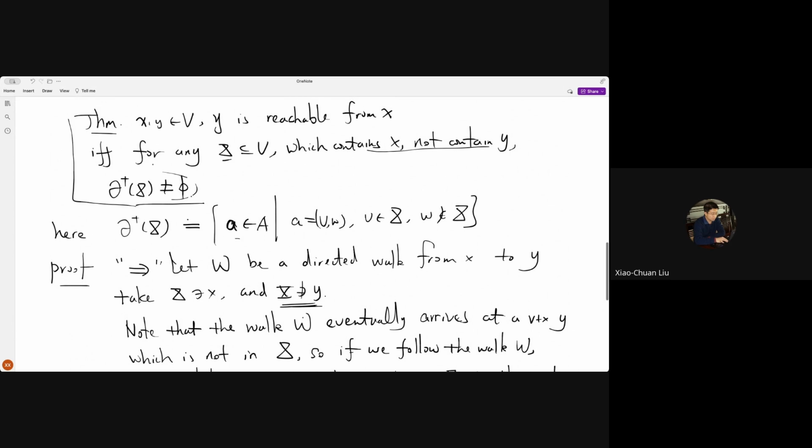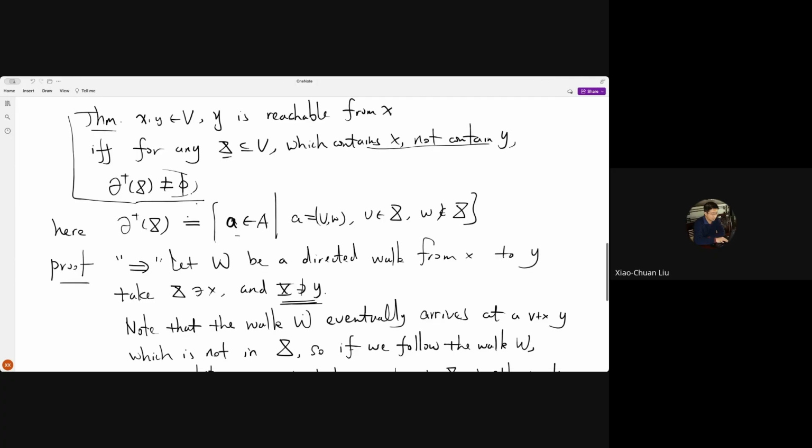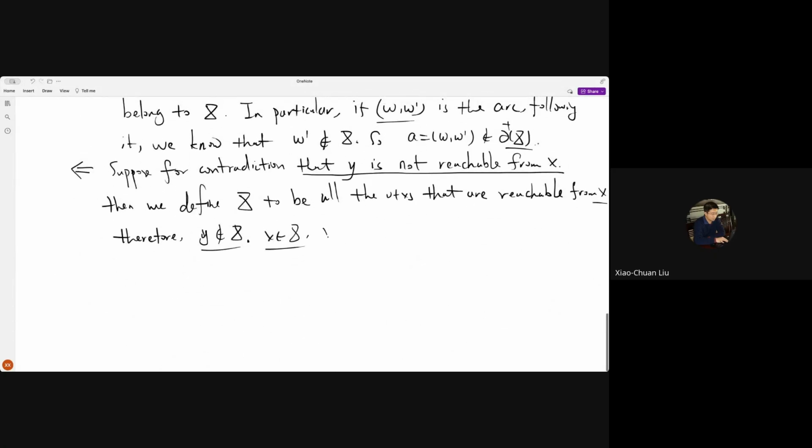Okay. Then we get a contradiction, because all sets with this property should have a non-empty out boundary. So we will prove that the out boundary of X is empty.